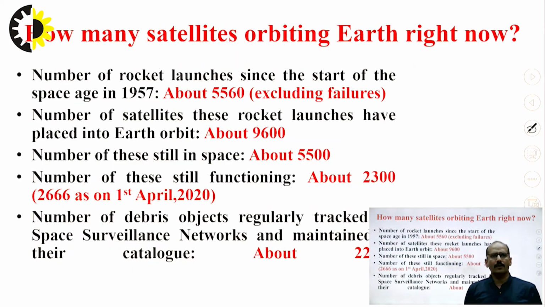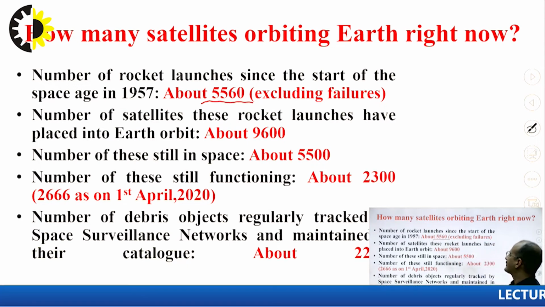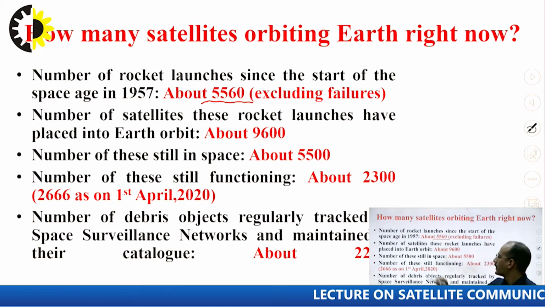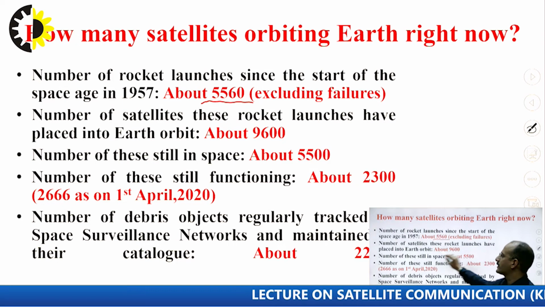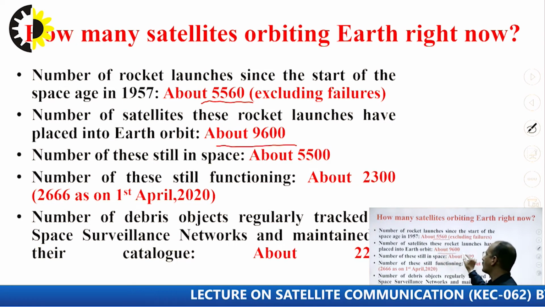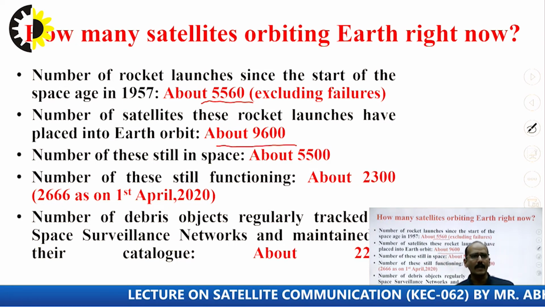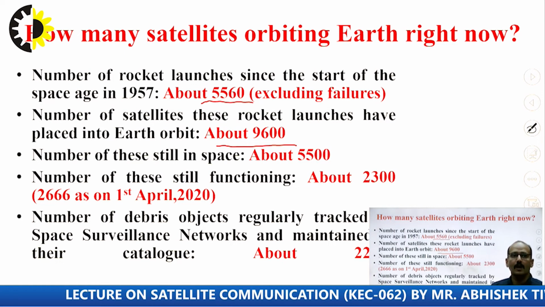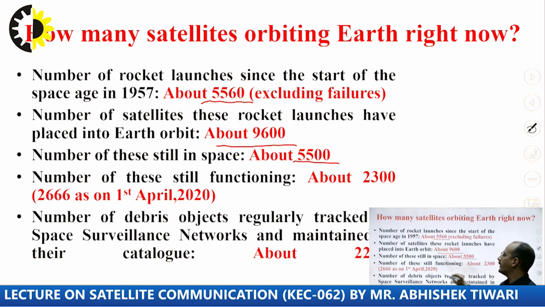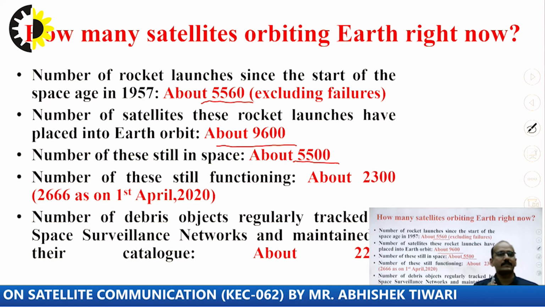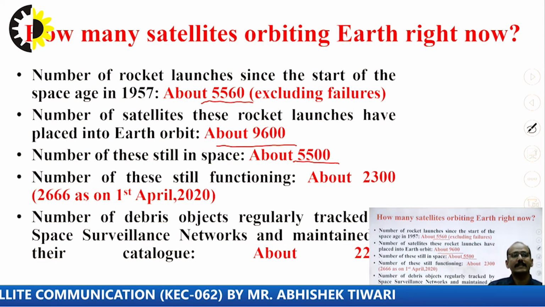From the start of the space age in 1957, about 5,560 rockets, excluding failures, have been launched for satellites, placing around 9600 satellites into Earth orbit, and right now around 5500 satellites are still in space.